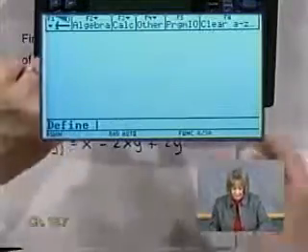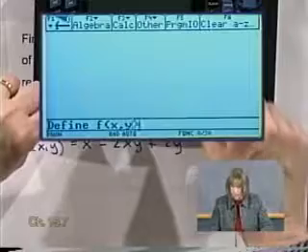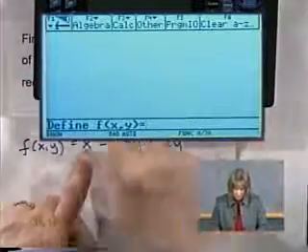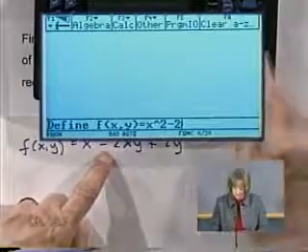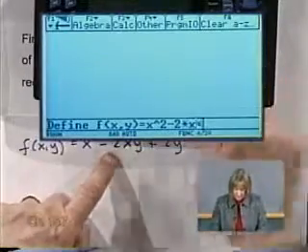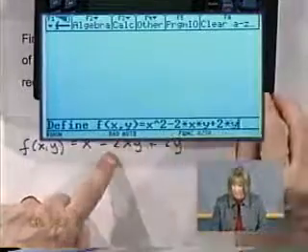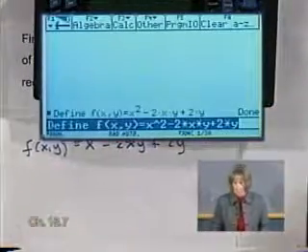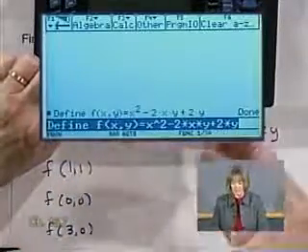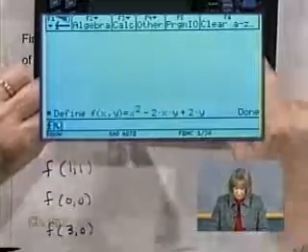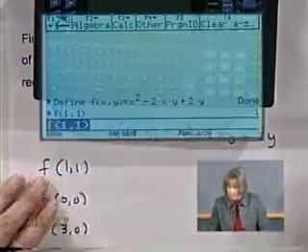Now I'm going to type f of x comma y, close parentheses, equals, and my function is x squared minus 2, no implicit multiplication, so we're going to type times x times y plus 2 times y, and hit enter. All right, now we want to evaluate f at 1, 1. Since I've defined it as a function, if I type f of 1 comma 1, I get 1.